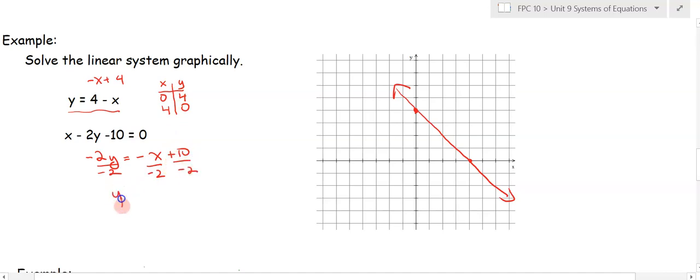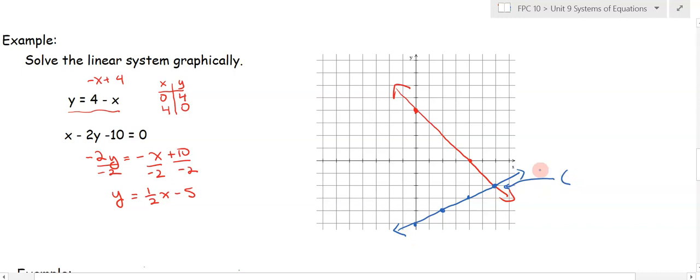It doesn't matter. A negative divided by a negative is a positive, so I get 1/2 x minus 5. So negative 5 is my y-intercept, and my slope is 1 over 2. And there we go. So we've graphed both lines, and we can see the point of intersection is right here.